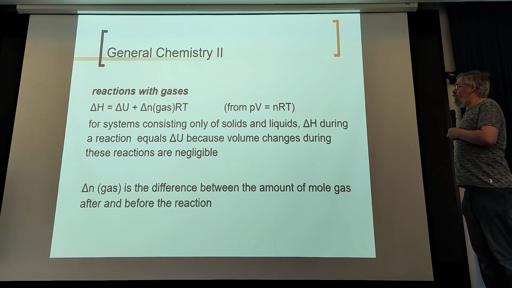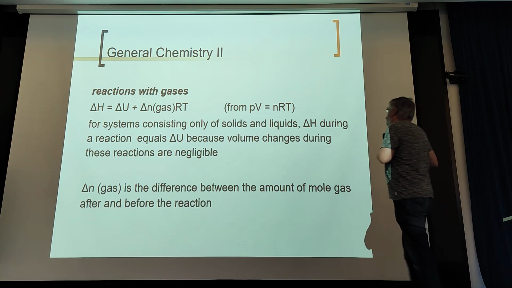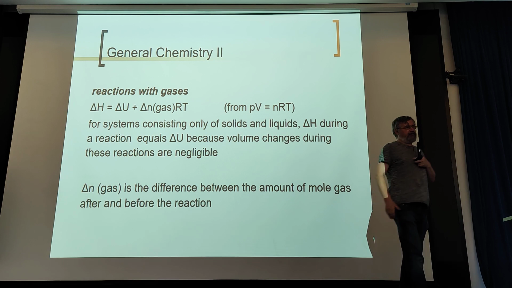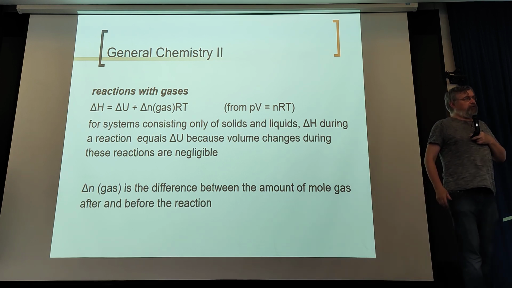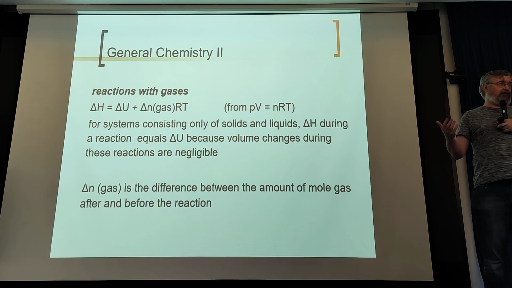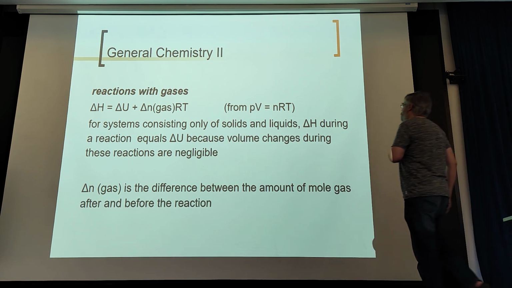You could say that delta H and delta U are more or less the same, as long as we don't have any gases. Because this only refers to work based on expansion, and if you have no expansion, normally solids and liquids do not expand too much, so delta U is going to be more or less delta H.